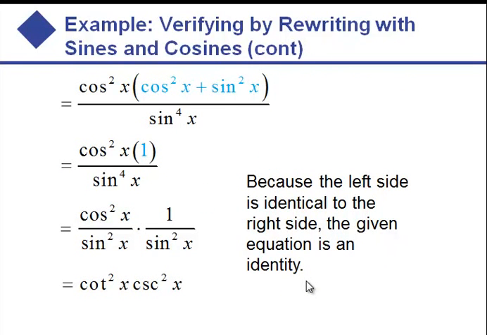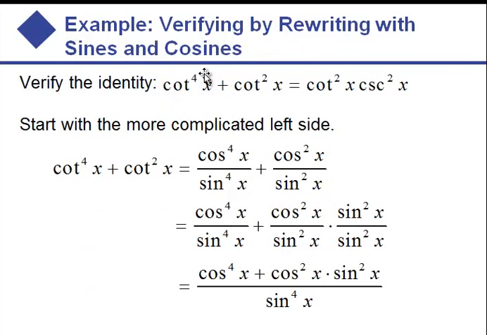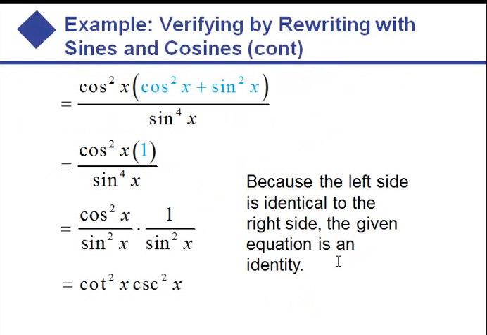Now you'll notice that up above we have cosine squared times the quantity cosine squared plus sine squared, right? If you didn't notice it down here, see, if you can factor out a cosine squared from both pieces, you get cosine squared times cosine squared plus sine squared. And you go, aha, I remember, that's 1. Now you just have cosine squared over sine to the 4th.